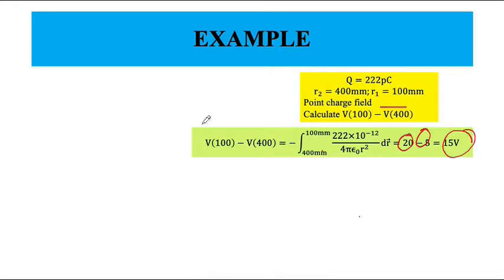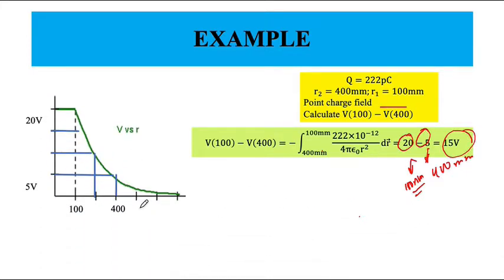Okay, so this is the potential at 400 mm, and this is at 100 mm. In fact, if you sketch the potential, you do a couple of other calculations, like finding out the potential at 100, at 200, 300, 400, and so on.